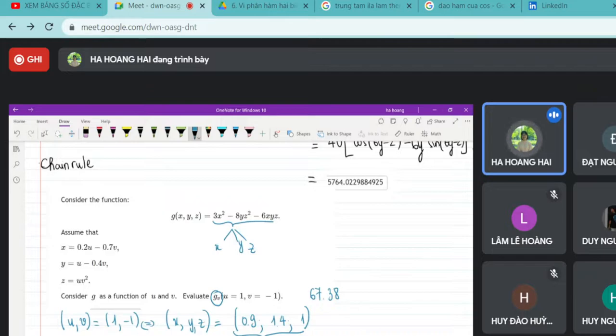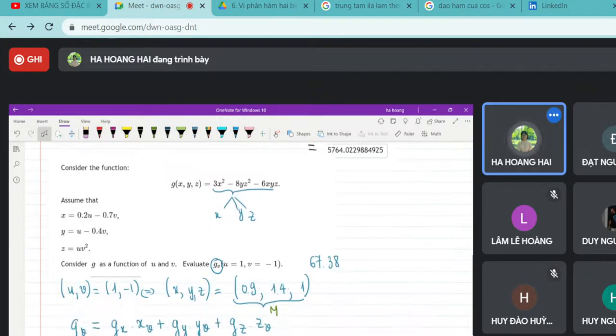What is g_y? We have g_y, minus 8z square, right? And minus 6xz at the point M, multiplied by y_v, which is minus 0.4.